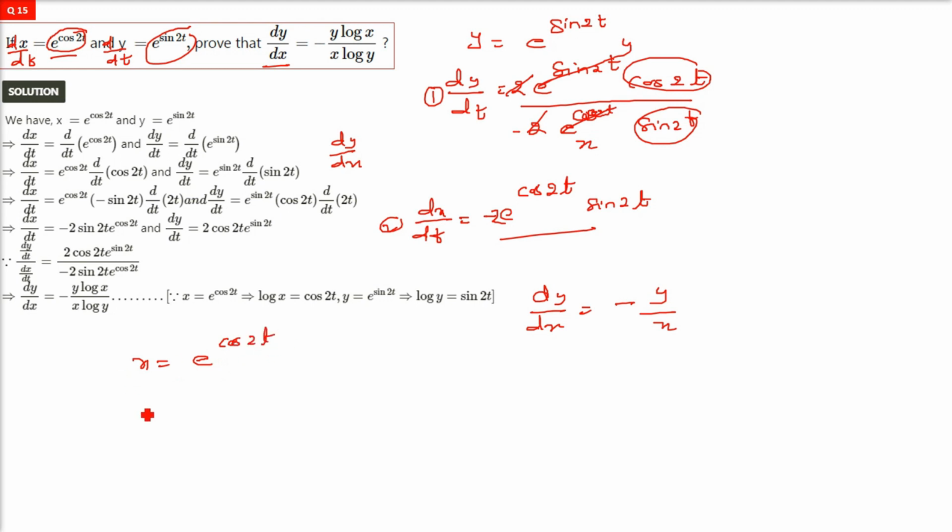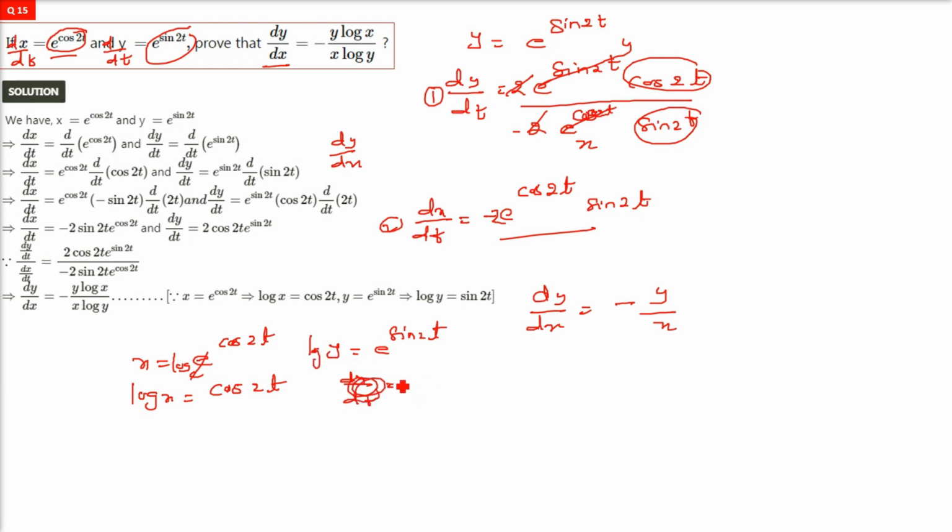So when we take the log of x, when you take log of e, it will be 1. And whatever is the power, it will come like that. So it will be cos 2t. Similarly, y is equal to e raised sin 2t. When we take log of y, this will be equal to log of e raised sin 2t.